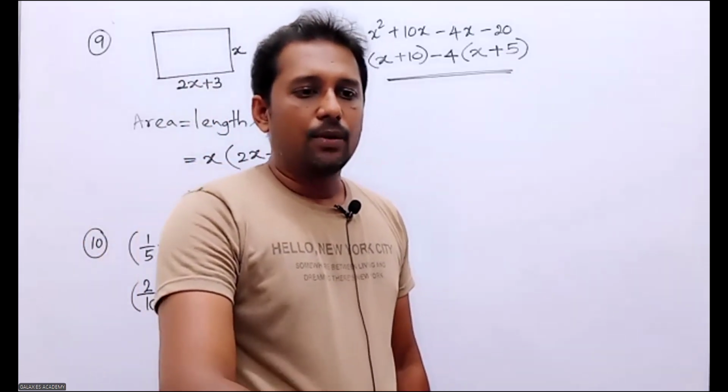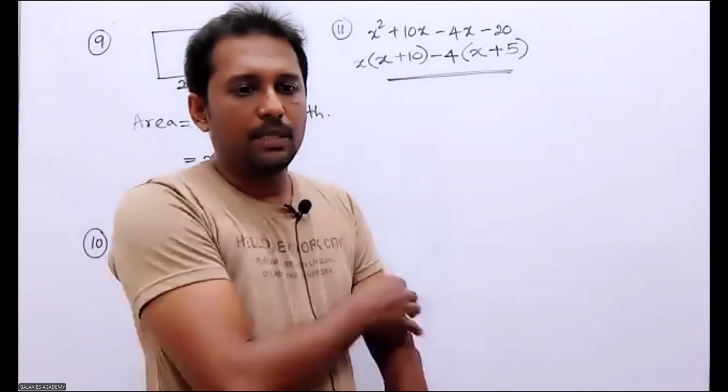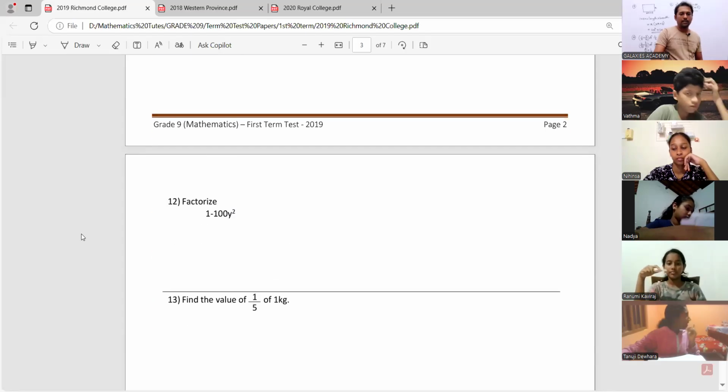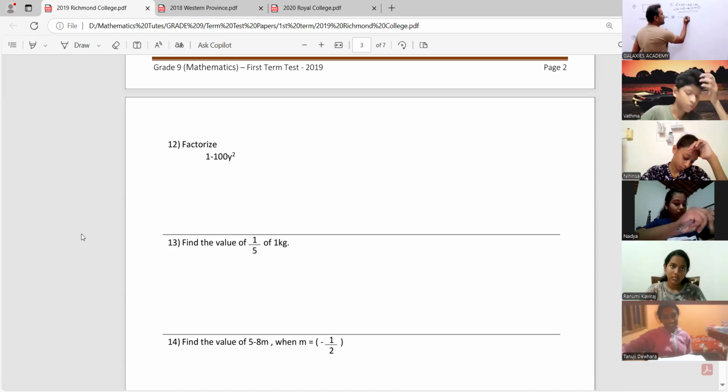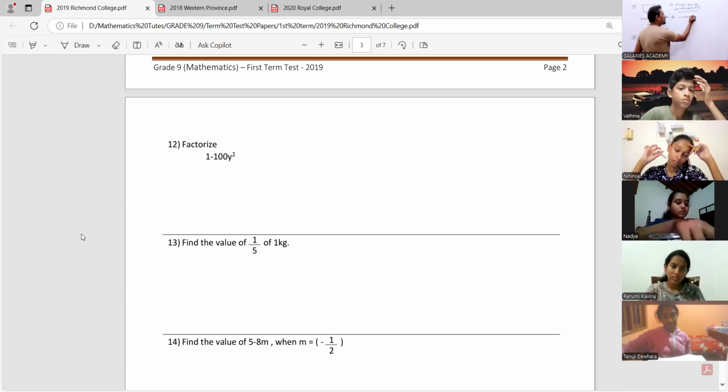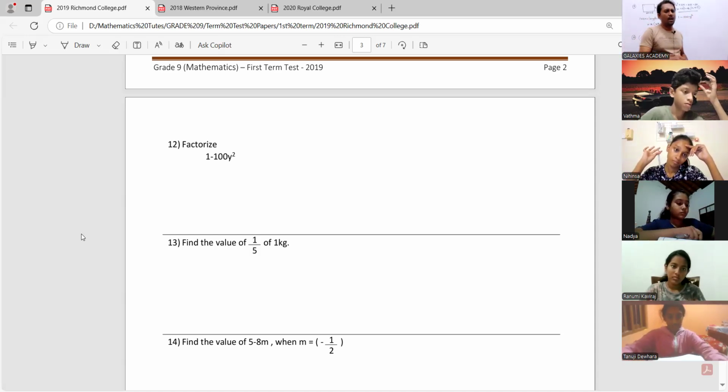Okay, then let's go to the 12th question. Question number 12. Factorize 1 minus 100 y squared. How can you factorize this one?